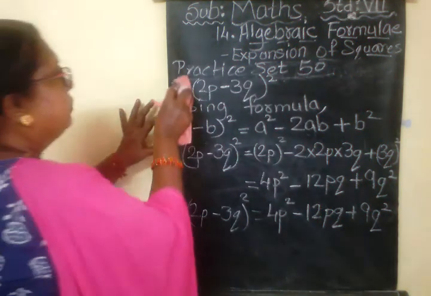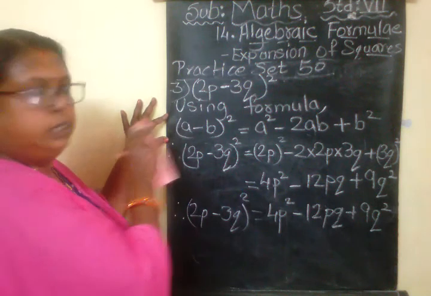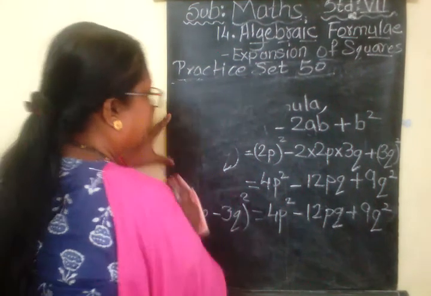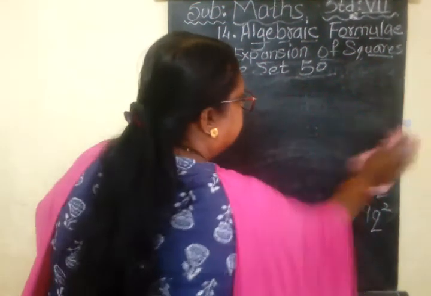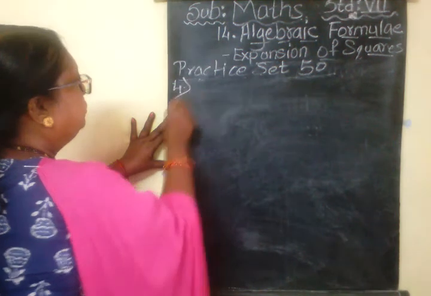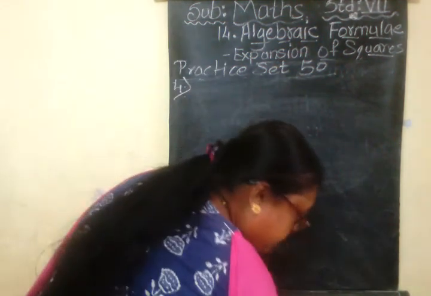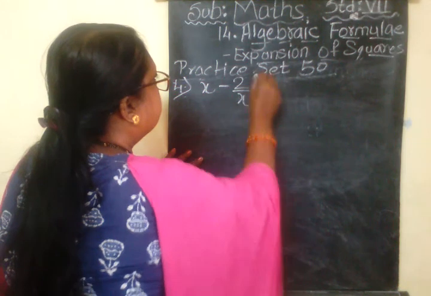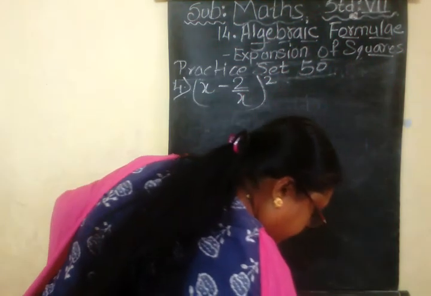Let us do the fourth one now. Understood, children? Fourth sum, and then the remaining 4 you will do as homework. Fourth sum. The question is x minus 2 upon x the whole square. This is also a minus sum, children.